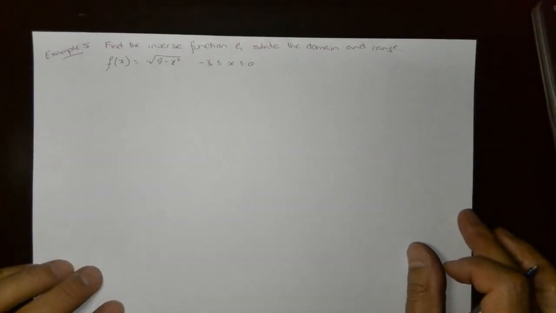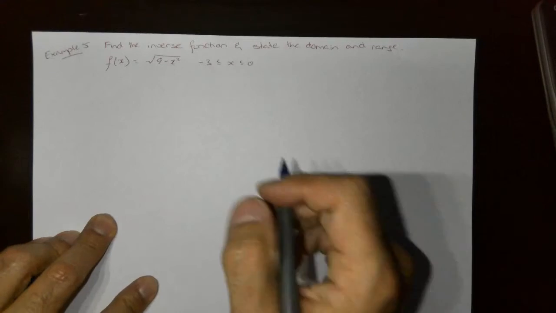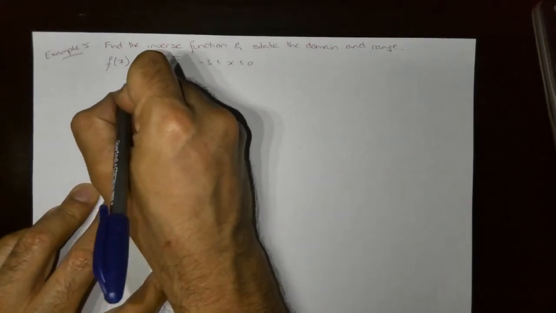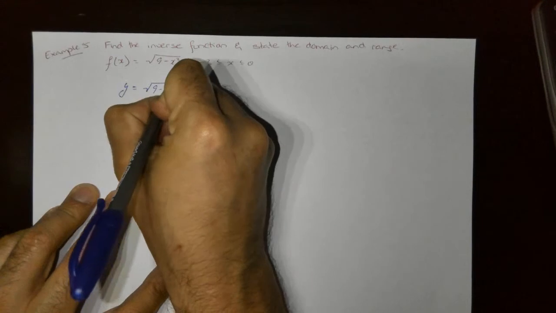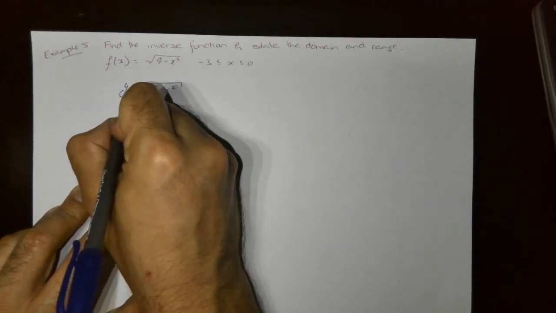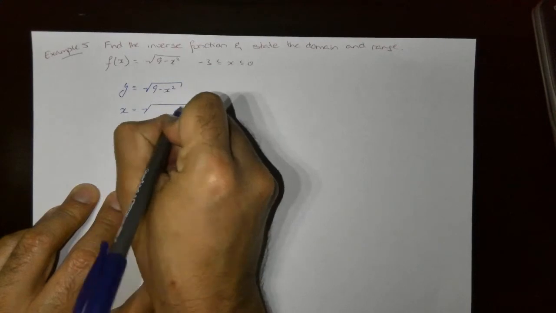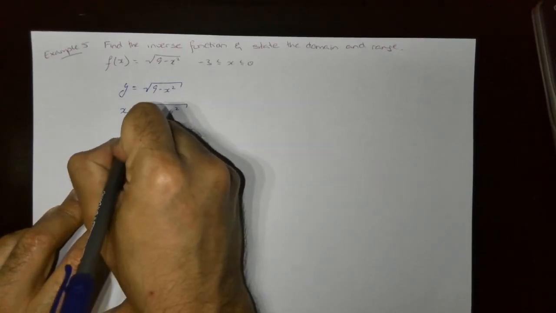Let's calculate the inverse of this one, and I'm going to state the domain and the range. Once again, we've got y equals 9 minus x squared. To get rid of that, we'll swap it straight away. So x equals 9 minus y squared.